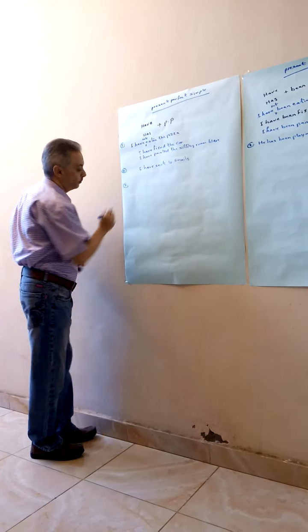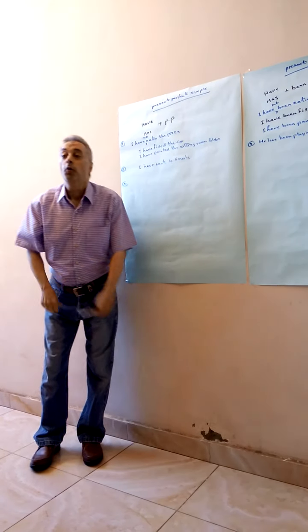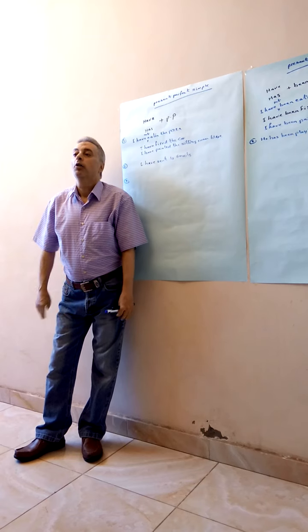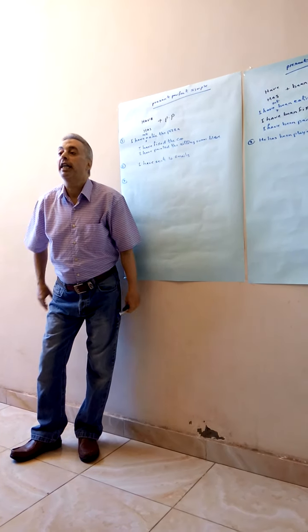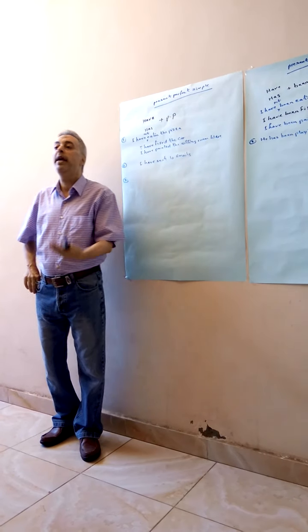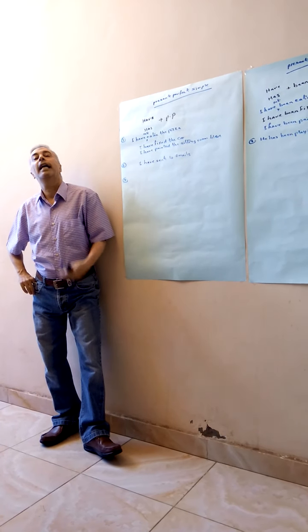Third difference, we use the present perfect simple when we want to talk about how often or how many times something has happened.